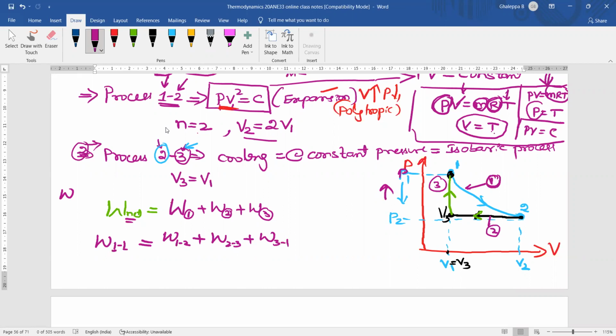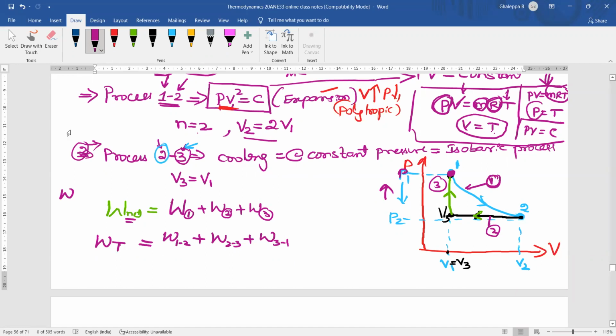If there were no third process, you could say 1 to 3. But this is a cyclic process. It starts from the beginning point and ends at the same point. So instead of this, what we need to write is WT, the total work done.